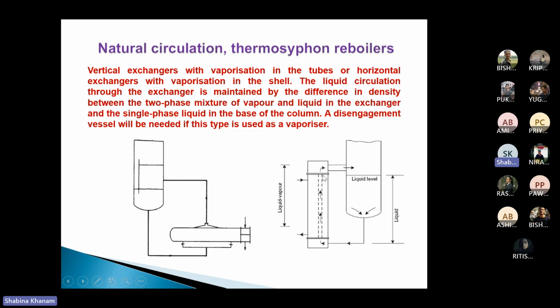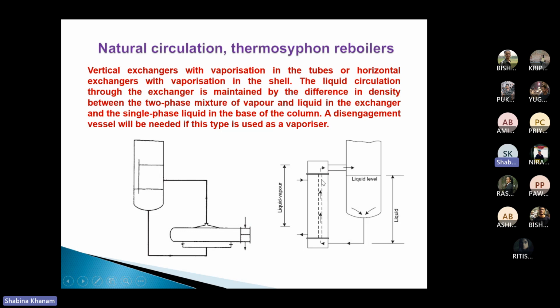Phase is single, complete liquid. As it moves upward through this tube, vapor will start forming. So when I consider the feed at this particular section and at this particular section, the phase will be different. Here the phase will be complete liquid, and here it will be a mixture of vapor and liquid, because both move together.